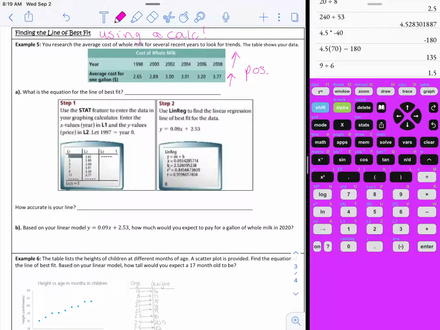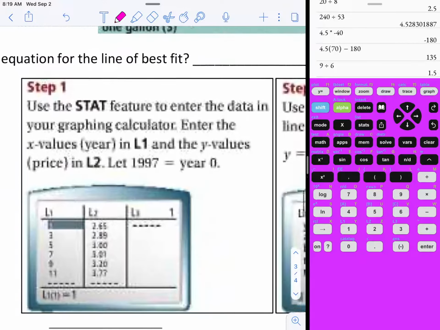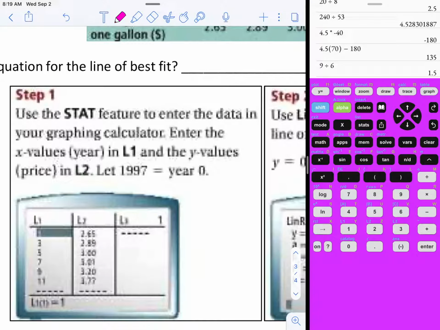So what we need to do is decide what we want our x's to be. Do we want to type 1998 for our x's, or do we want to type something else? Let's see what they suggest we do. And really, you don't have to do exactly what they do. They said, okay, let's go since 1997.